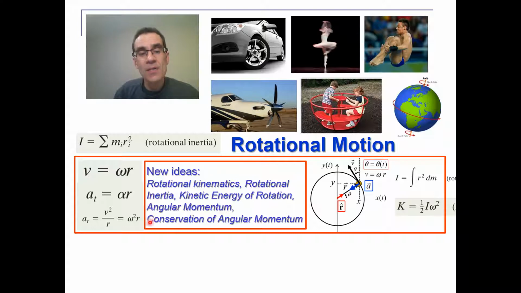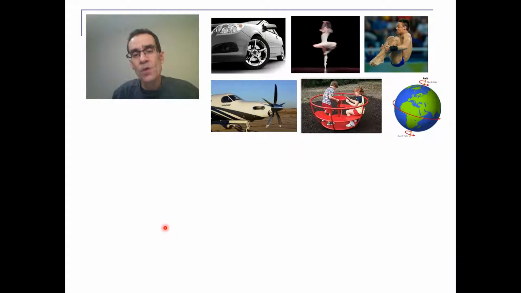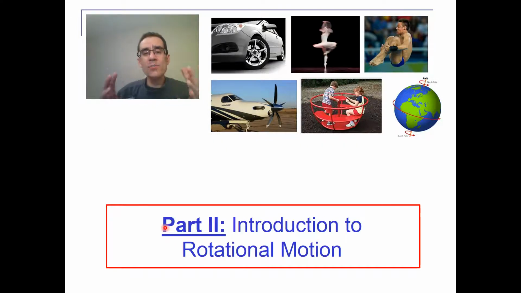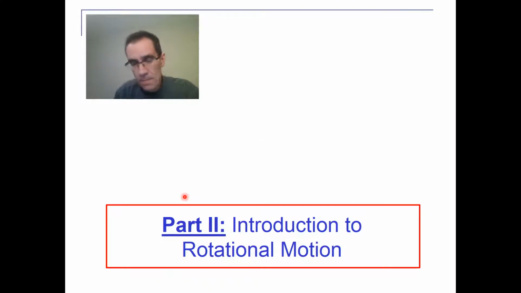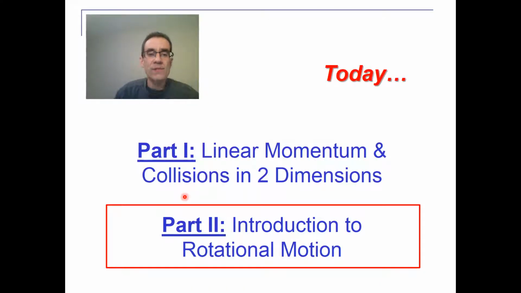And finally, just like we talked about conservation of linear momentum, we're also going to bring the conservation of angular momentum. So there will be some new ideas, okay? So this is going to be our second part of this lecture. We'll be talking about an introduction to rotational motion. Again, two parts we have to deal with today. First part, let's go back to it.